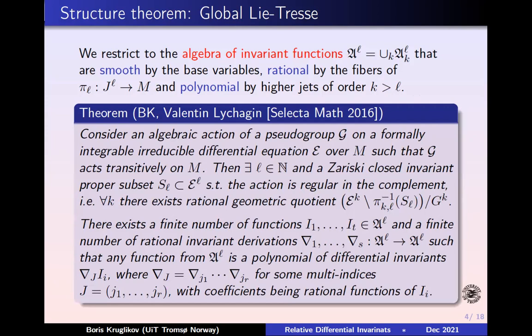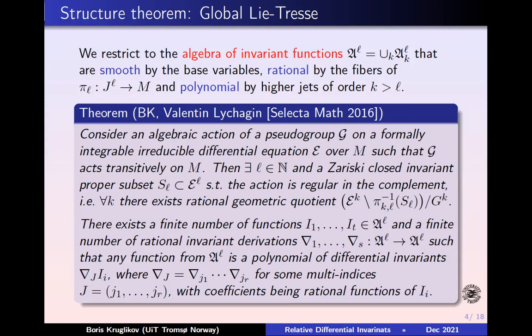So we consider an algebraic action of a pseudogroup. This pseudogroup should also be algebraic, which means given by algebraic equations. And this acts on a formally integrable algebraic irreducible differential equation, a manifold M, such that on the base, on J0, on the level of 0 jets, the action is transitive. Okay, so on the level of points, the action is transitive.